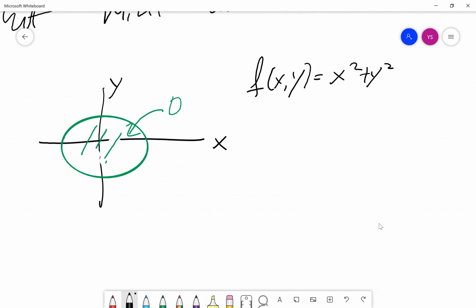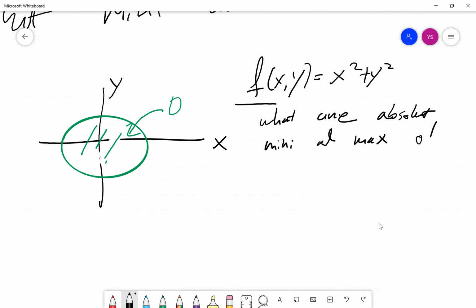And we can then ask, what are the absolute minimums and maximums of this function of f in the domain, in D.